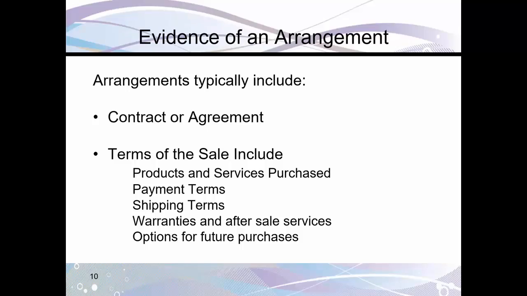Do they have rights to refunds if certain things don't happen, if the products don't perform as specified? All those are the sorts of terms and conditions that would be included in the typical contract or other document that would serve as the evidence of the arrangement.